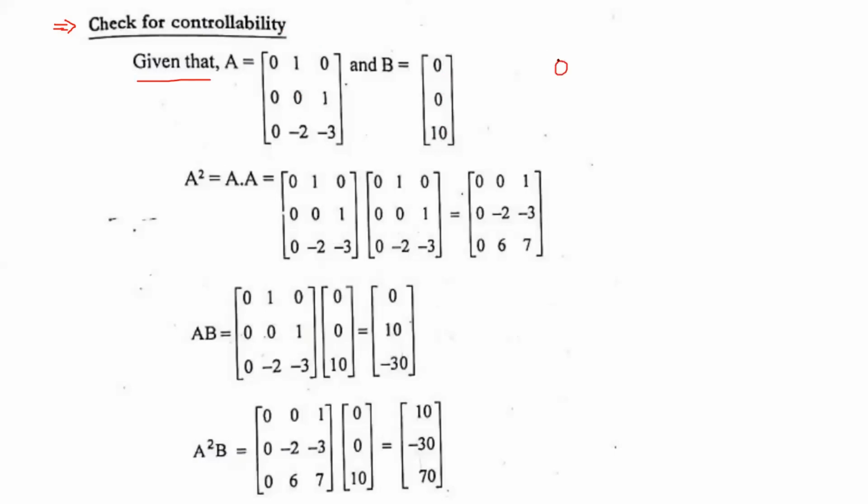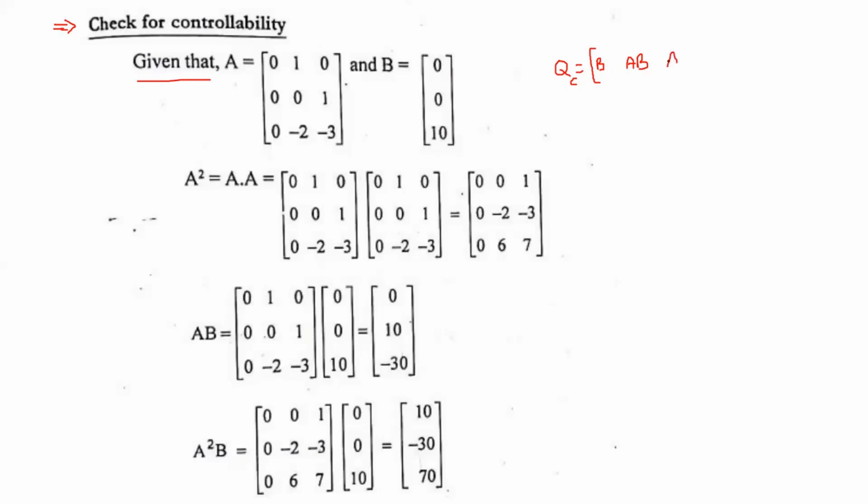First we need to find one composite matrix, that is QC. What is the form of the composite matrix using Kalman's test? First we take matrix B as the first column. What is the second column? AB. What is the next column?